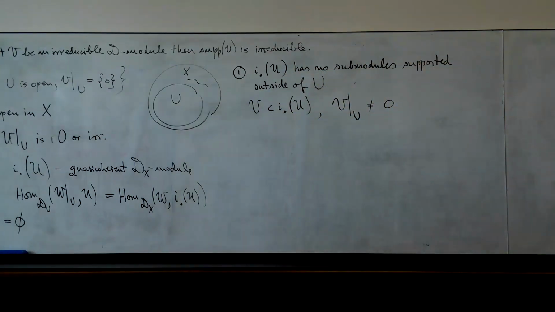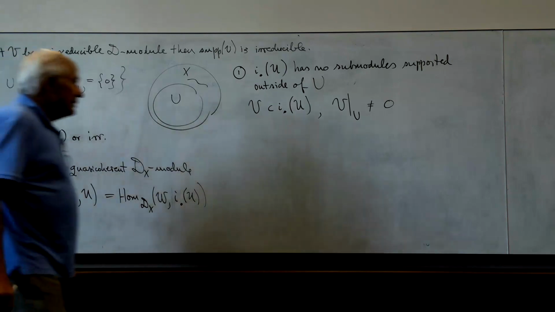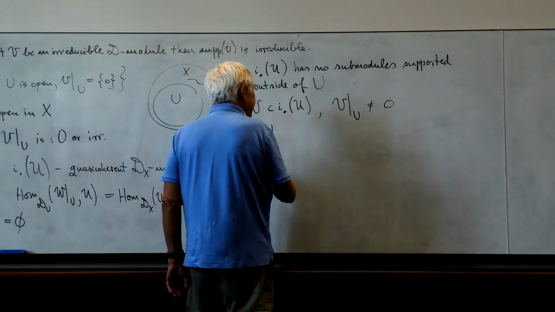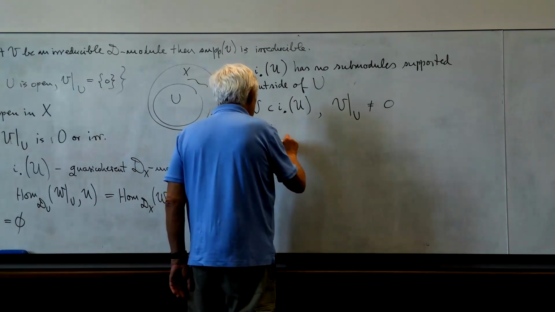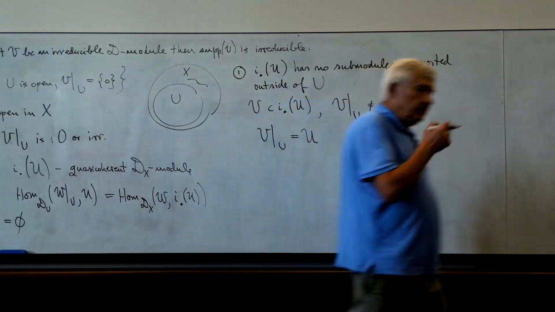Now, by our assumption, V restricted to U is a submodule of script U, which is non-zero, but script U is irreducible. So V restricted to U is equal to script U.